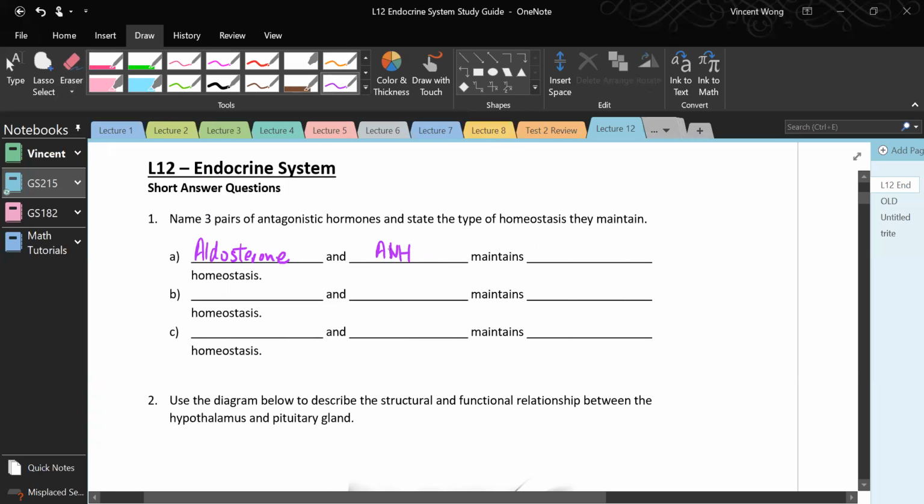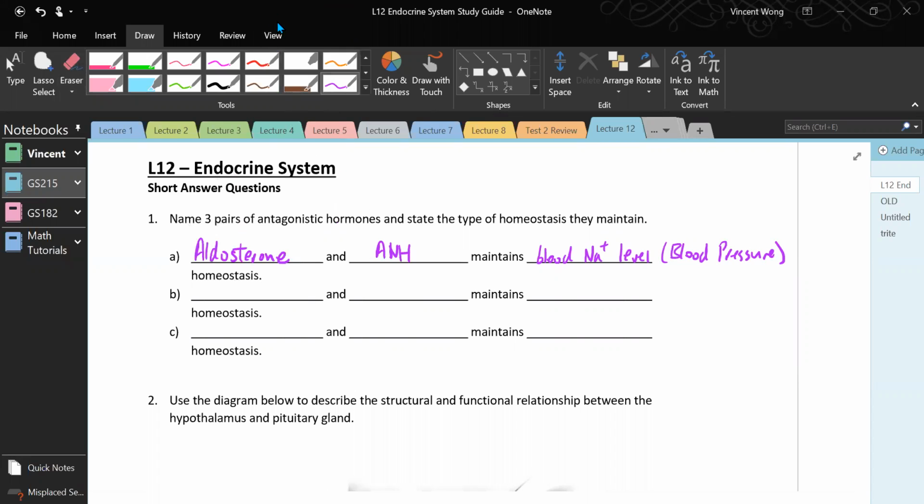They would be working against each other to help maintain blood sodium level, which in turn would affect your blood pressure, right? So if your blood pressure goes up, ANH will bring it back down. And if your blood pressure is too low, through the RAS, you are going to release aldosterone, which would then bring it back up.